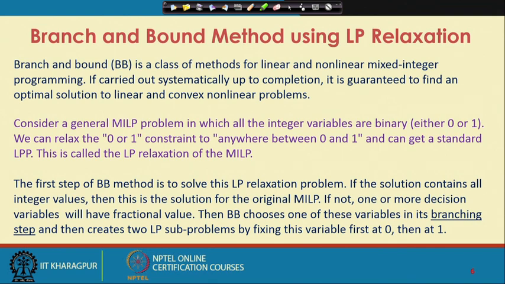Then branch and bound chooses one of these variables in its branching step and then creates two linear programming subproblems by fixing this variable first at 0, then at 1.